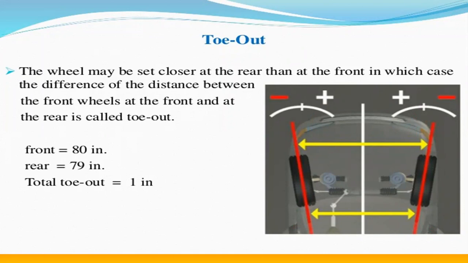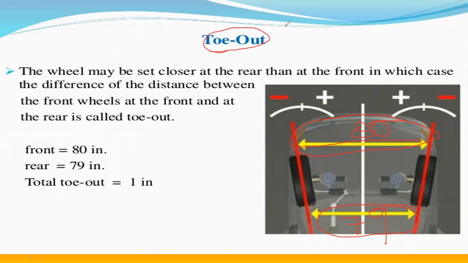The front distance is increased to 80 inches and the back distance is 79 inches. If the front distance is high compared to the back distance, this difference between distances is called toe out.